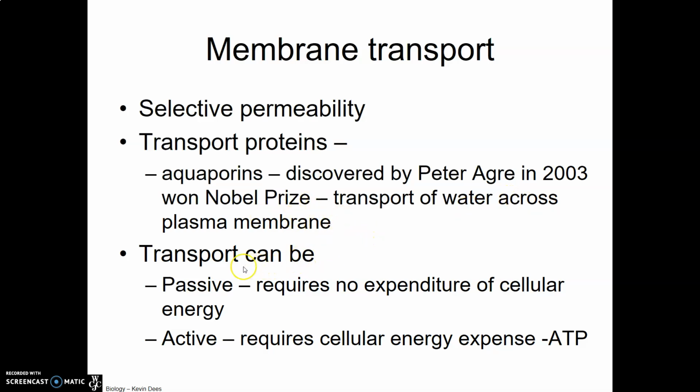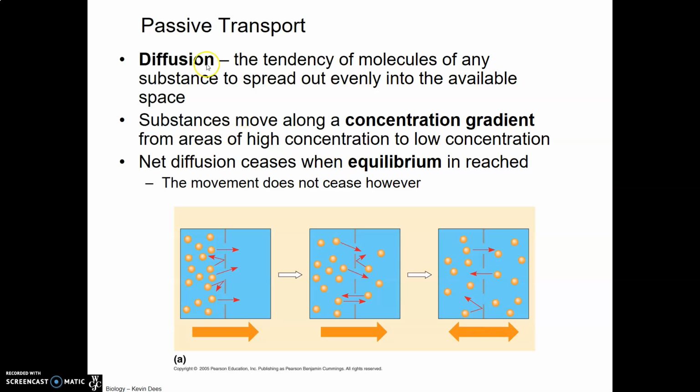Now, we can break the transport into two categories: passive, which requires no expenditure of cellular energy like ATP, or active transport, which requires cellular energy and therefore expensive ATP molecules. Passive transport is often described by the concept of diffusion, and diffusion is the tendency of molecules of any substance to spread out evenly into the available space.